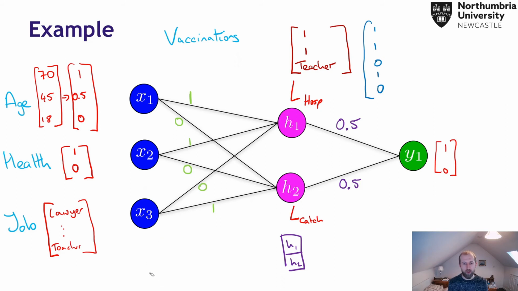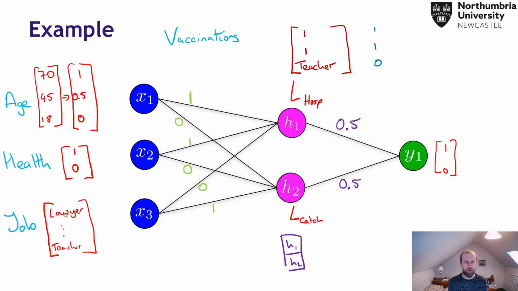For this example, to keep everything simple, I am just going to say that we already know which jobs we're interested in. So we're going to say any job that has you in the public regularly, facing a large number of random people, we're going to give that a 1, and anything else is going to be a 0.